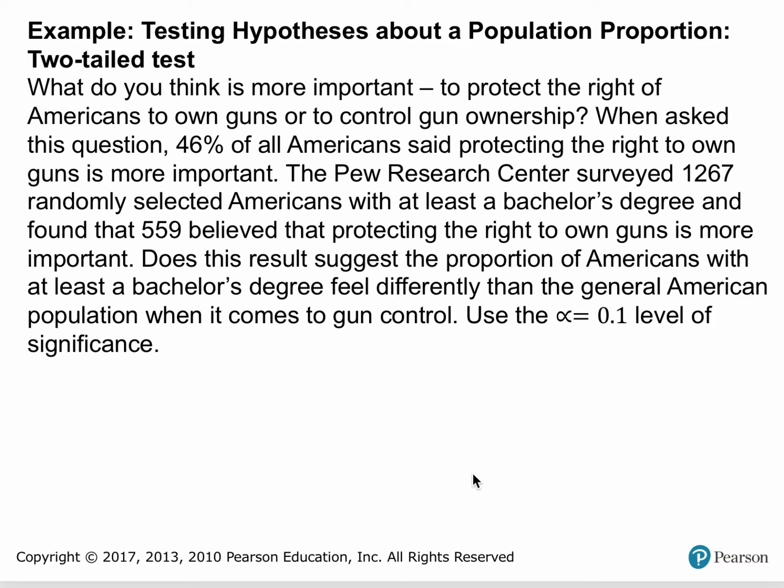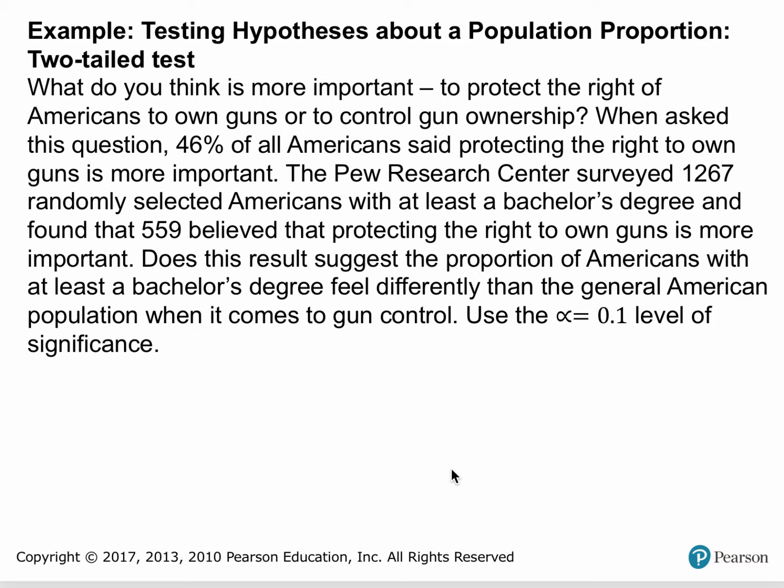What do you think is more important? To protect the right of Americans to own guns or to control gun ownership? When asked this question, 46% of all Americans said protecting the right to own guns is more important.